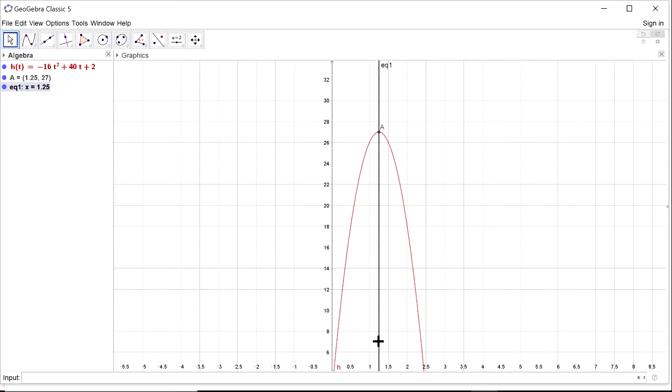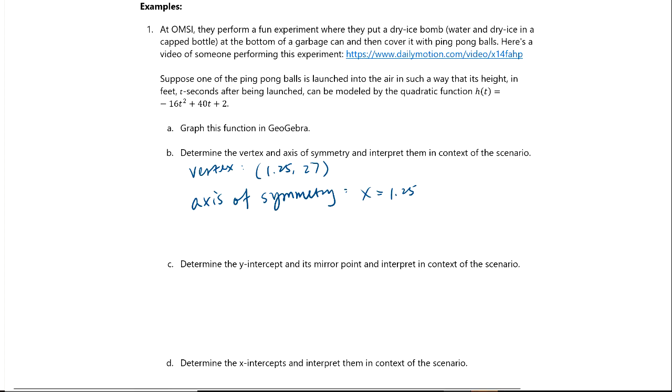Then we can see this is indeed the vertical line that goes through the vertex, and this is our axis of symmetry. Meanwhile, we can rewrite the axis of symmetry in our worksheet as t equals 1.25, because we have the flexibility to choose which variable we use as the independent variable.